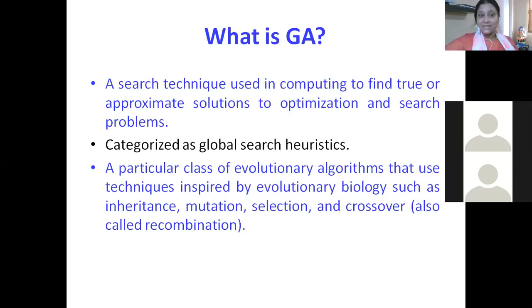So basically, this is a kind of evolutionary algorithm, and the differential evolution, the genetic algorithm, all optimization techniques or evolutionary algorithm techniques are based on this gene mutation or evolutionary biology, which involves steps like mutation, selection, crossover, recombination.